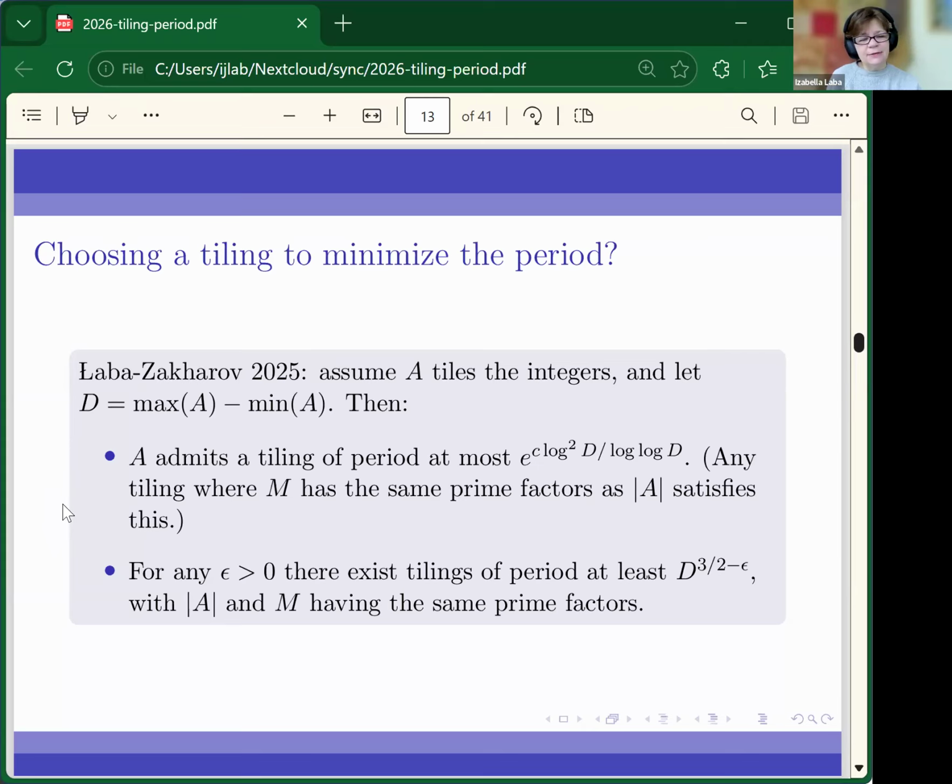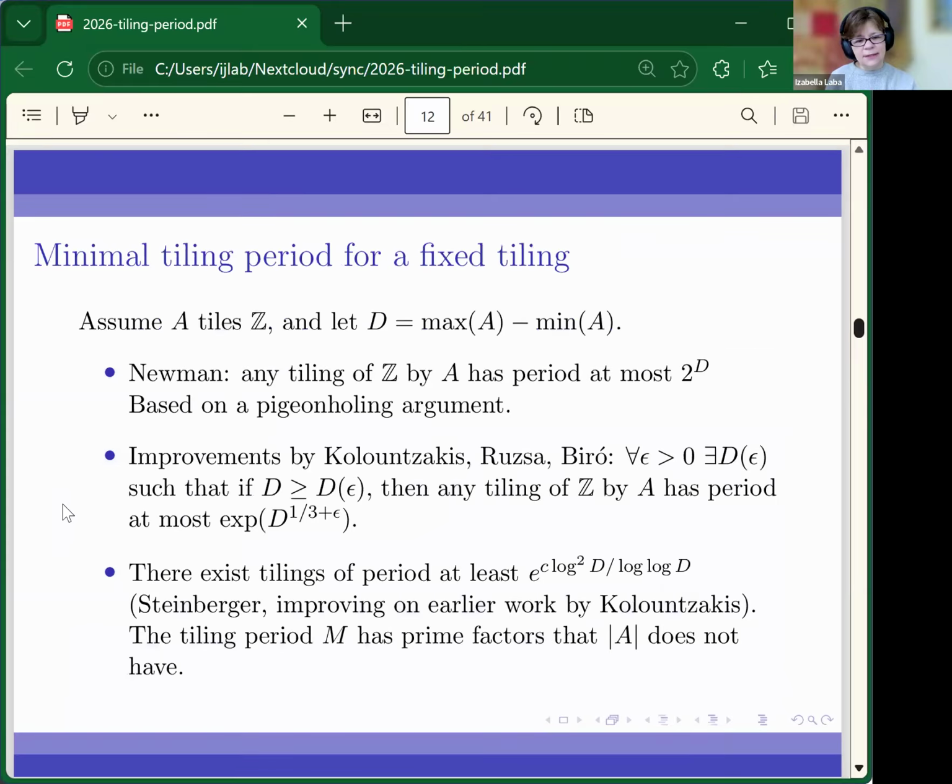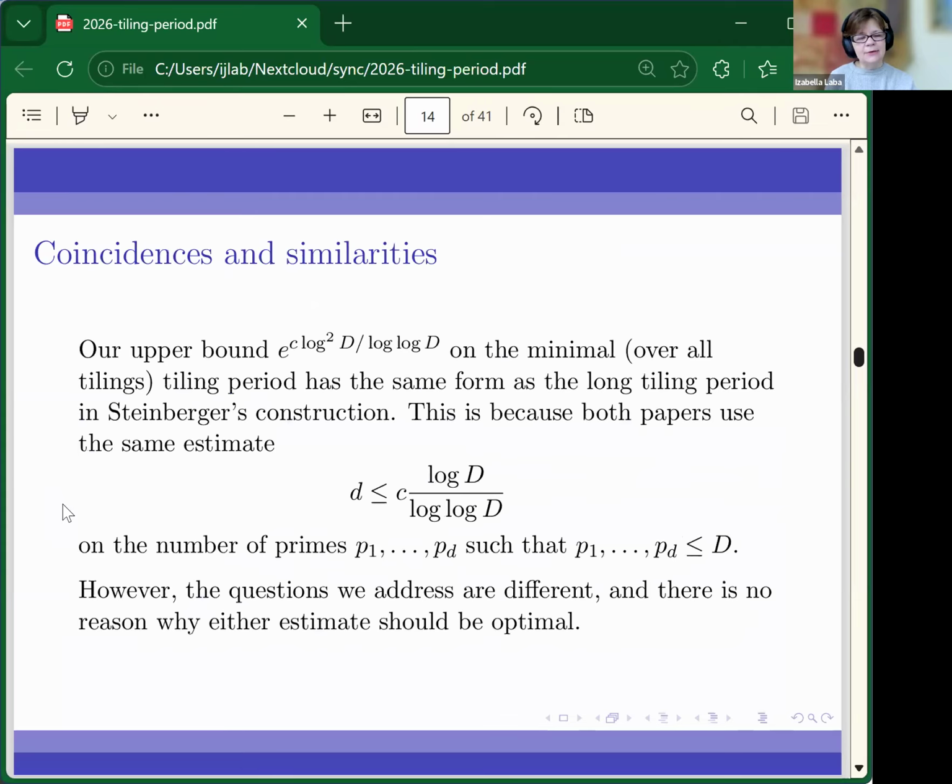You might have noticed some similarity between the upper bound in my result here with Dima and the lower bound from Steinberger's work. So I want to clarify upfront that this is not quite a coincidence, but also there is no reason to think that either bound would be optimal.